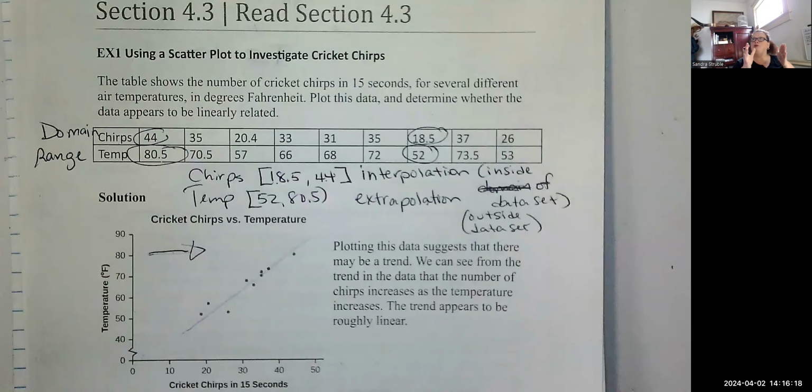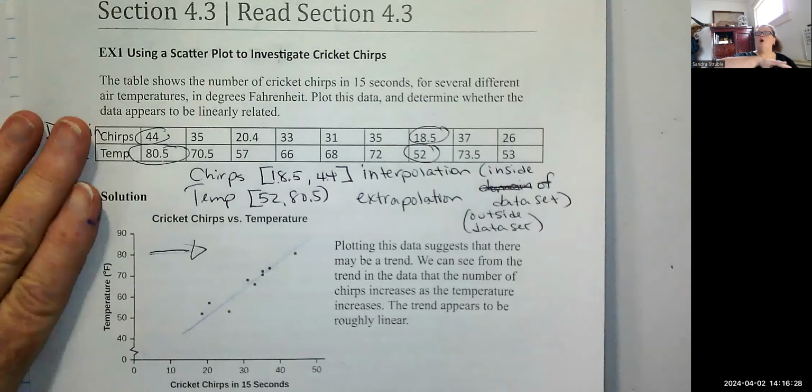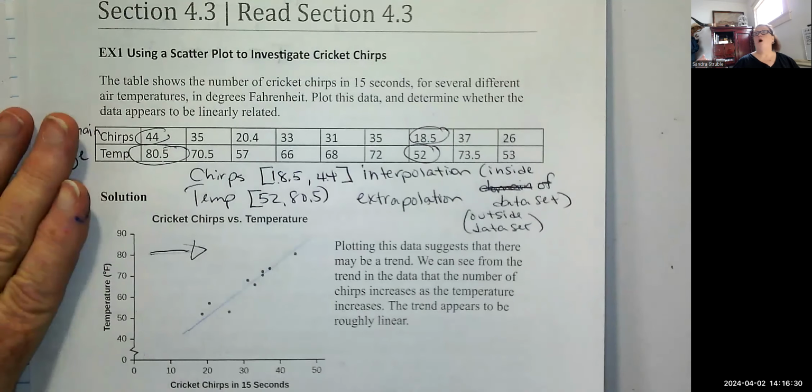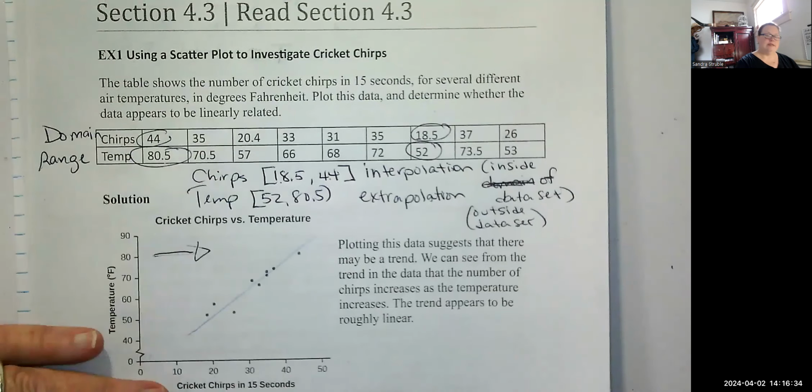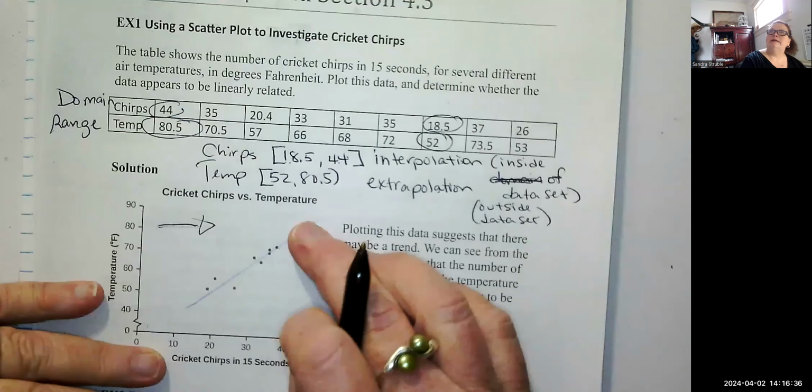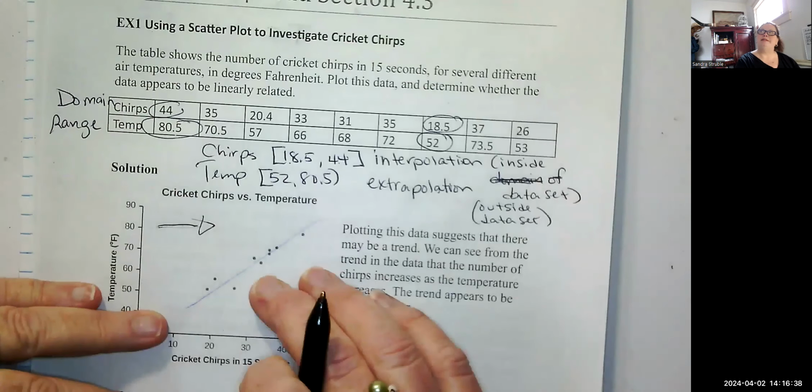So any temperature degrees between 52 including up to 80.5 including is going to be interpolation. And then anything that is outside like 51 or 81, those are extrapolation because this line that we've created is not necessarily a representation of that.